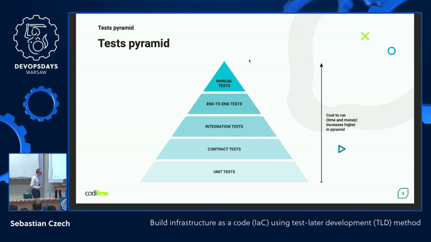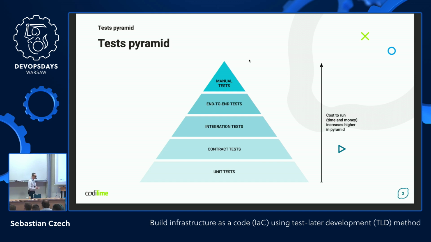At first, I want to explain what every type of test is needed for. Of course, I will be talking about it in the context only of the infrastructure. So unit tests help us in answering the question if the configuration which we prepared is correct.